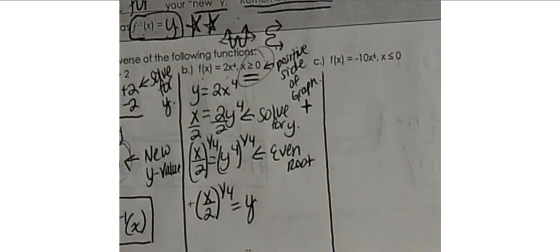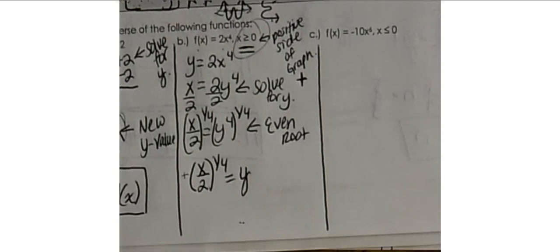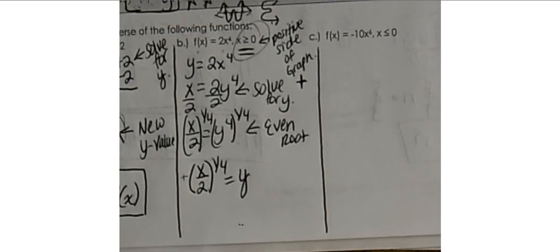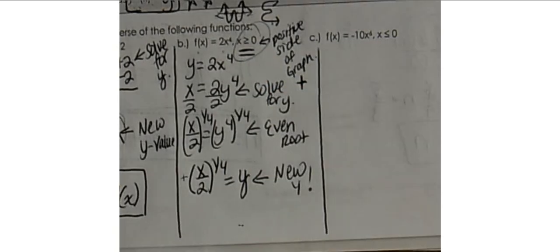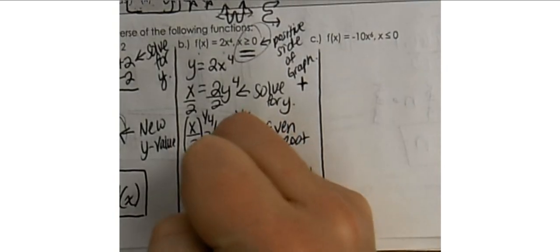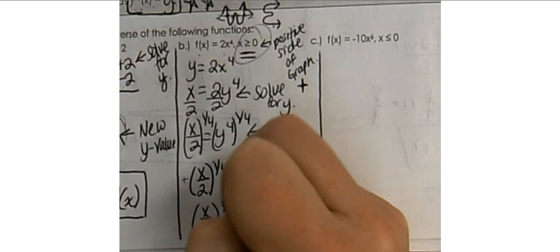So for here, my answer is going to be simply x over 2 raised to the 1/4 power is equal to y. If you want to remind yourself that you're working with a positive, put a little plus sign there, but you don't have to. Since we got y alone, this is my new y value, I need to replace it with the inverse notation. So my answer is going to be x over 2 raised to the 1/4 power is equal to f inverse of x. And that is your final answer.